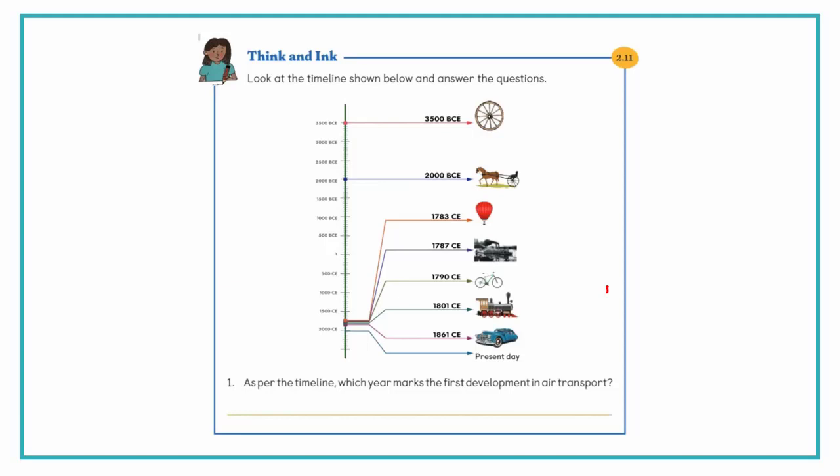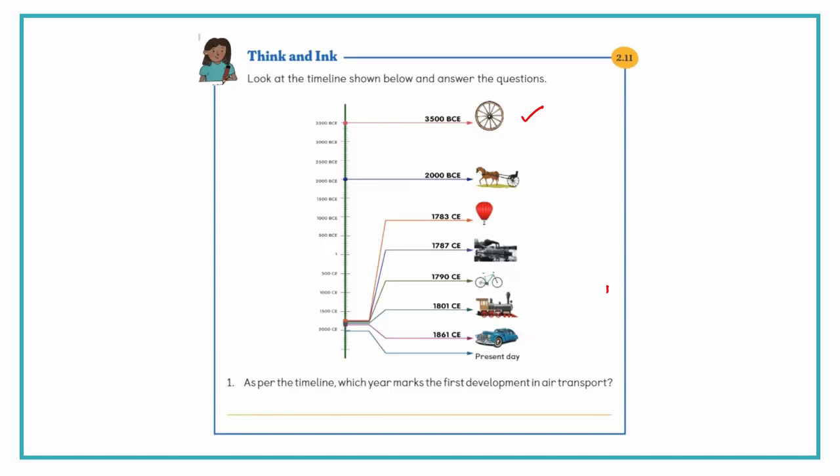Once again, I give you a clue. Writing was invented in which year? 3200 BCE. Okay. Here in these incidents, which was before 3200? This is before 3200. But all these were invented after writing.